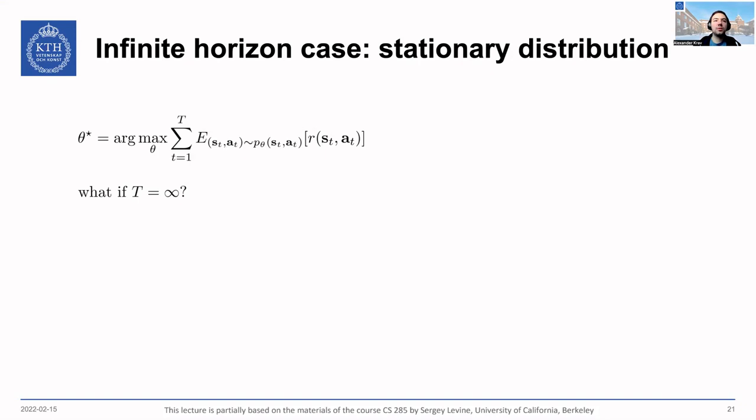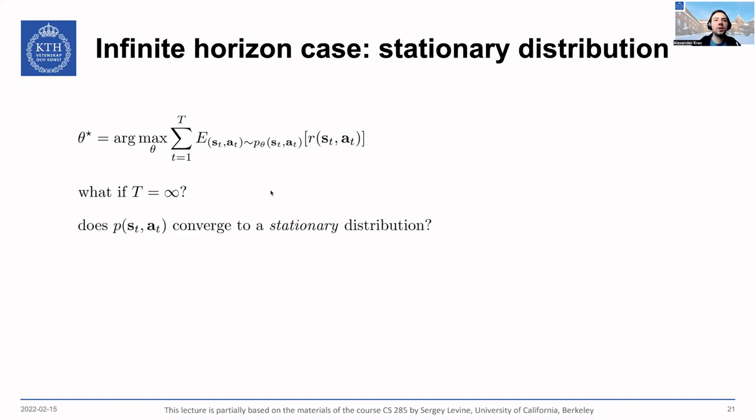So the first problem is that when time is infinite, we get this infinite sum, and it's quite hard to work with, although we can still have certain distributions, certain expectations, and we can still find the maximum. It's just not convenient to work with.